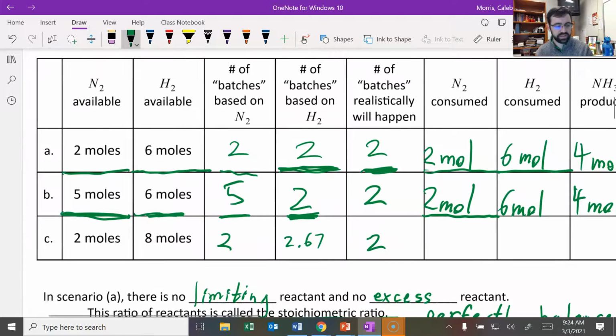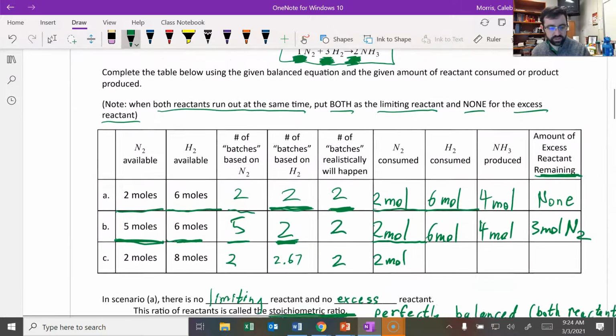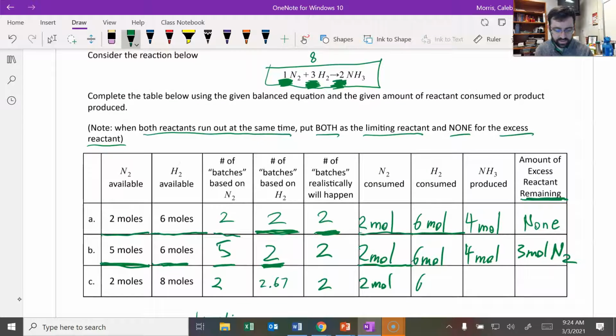The number of moles of N2 that are consumed, well, 2 moles. You notice this is 2 batches again, so I can really do the same numbers, okay? Moles of H2 that's consumed, 2 times 3, that's 6 moles, and 2 times 2 gives us 4 moles of NH3 being produced. What about the excess reactant remaining?